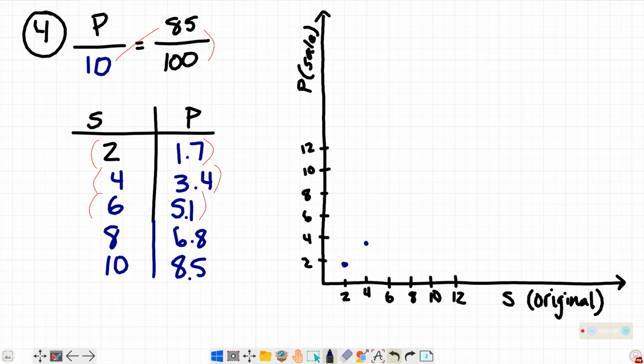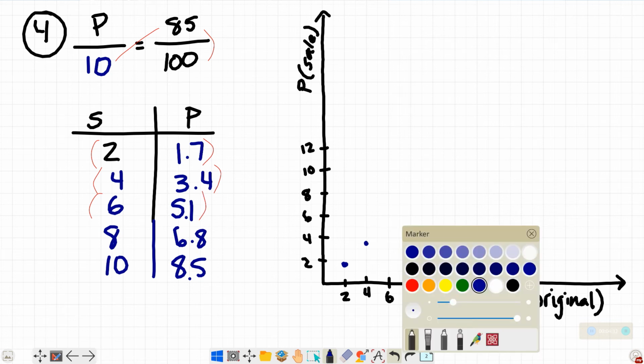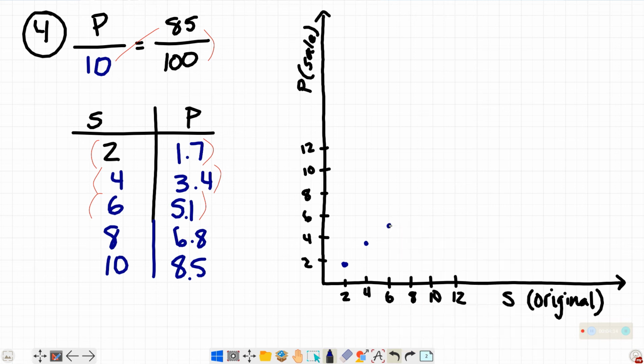So over to 6 and up to 5, just a little bit above the 5. Over to 8 and up to 6.8. Over to 10 and up to 8.5. So there are my 5 data points.